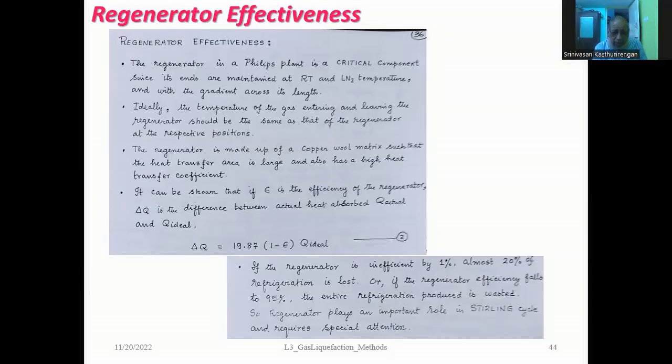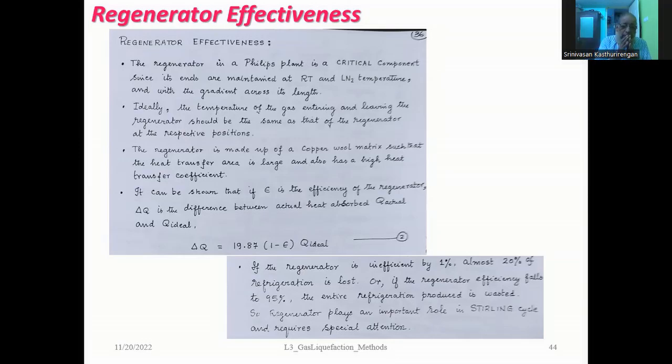In other words, if the regenerator is inefficient by 5%, you do not produce the liquid nitrogen at all. Okay, because the refrigeration efficiency drops to zero. So you don't produce enough cold for producing the liquid cryogenic fluid.